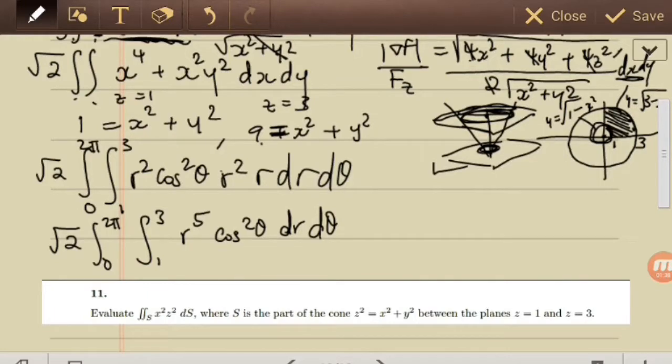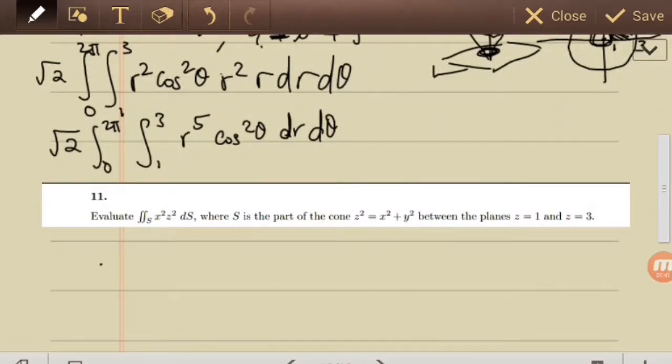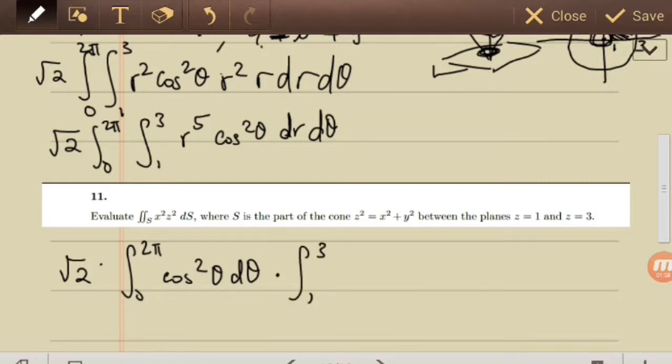So we're going to have 2 times the integral from 0 to 2 pi of cos squared theta d theta, multiplied by the integral from 1 to 3 of r to the 5 dr.